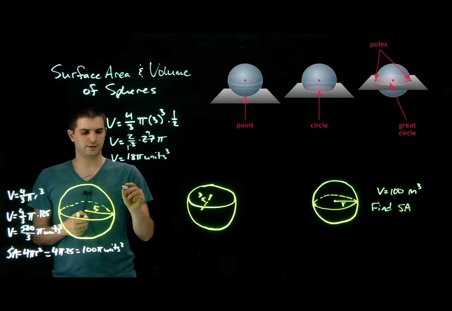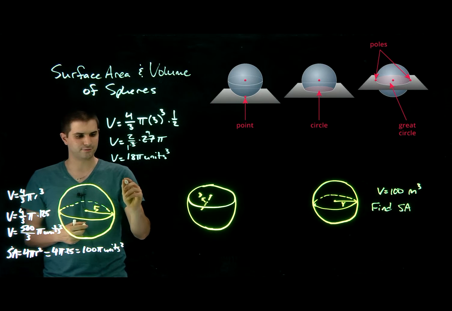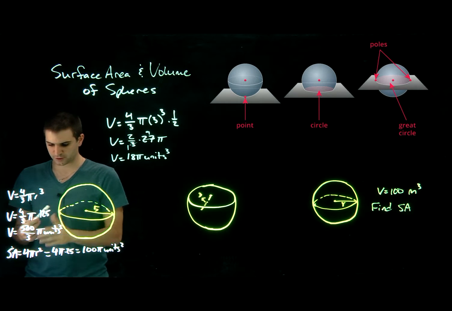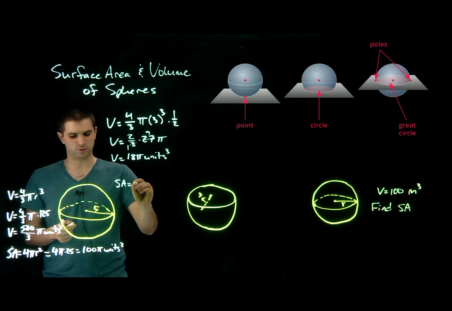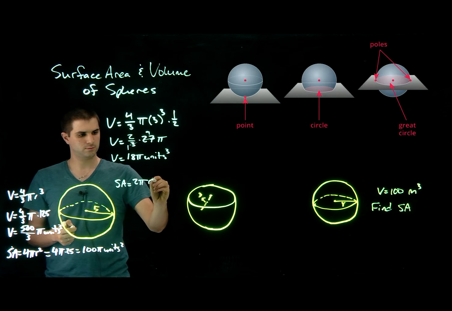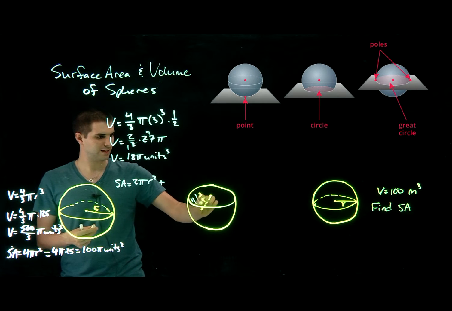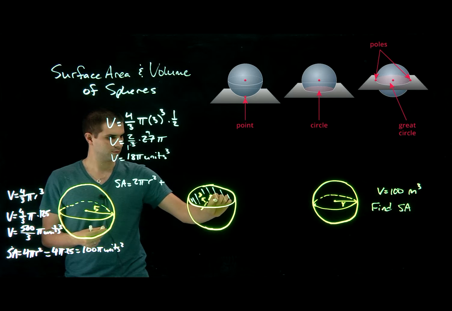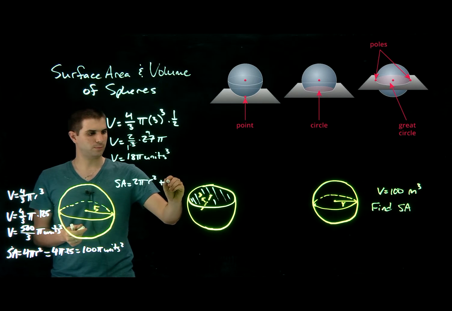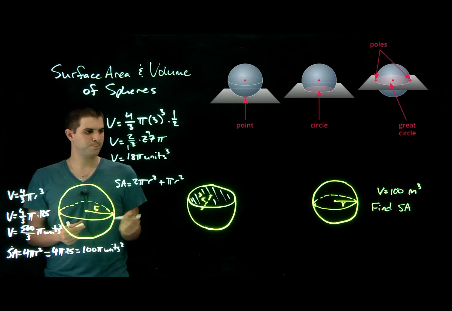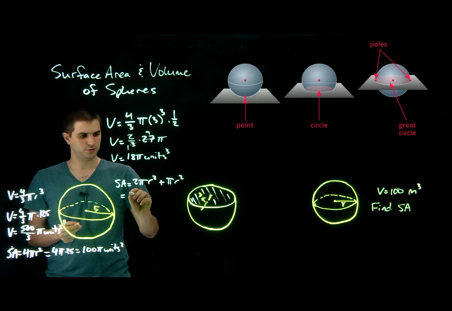Now for the surface area, we need to find the surface area of half. If the surface area is 4 pi r squared, then half of the surface area is going to equal 2 pi r squared. But then we need to add in this top part, which will be the area of a circle, so plus pi r squared.